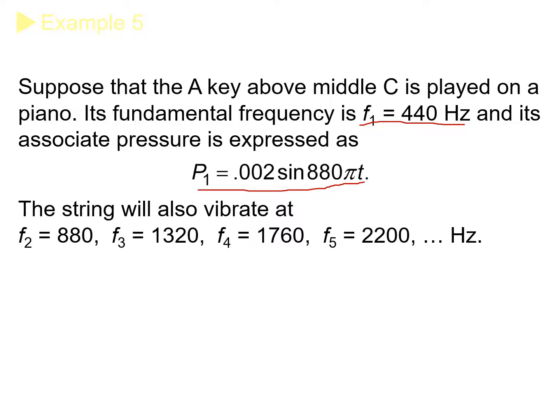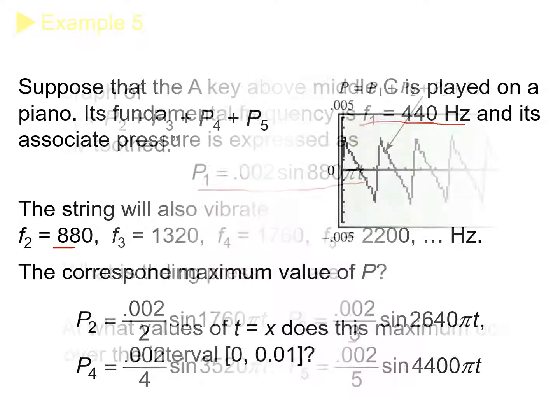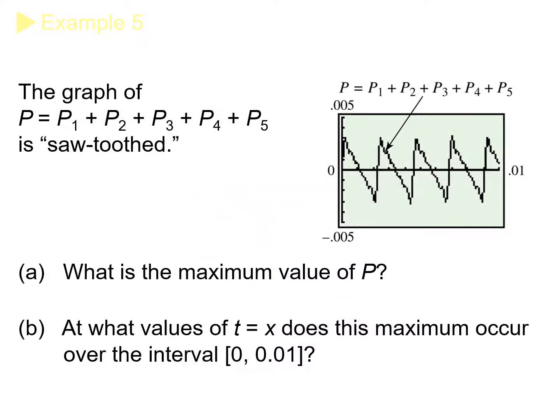The string is also going to vibrate at 880, 1320, etc. The corresponding pressures are P2 is 0.002 divided by 2 times sine of 1760 pi t. P3 is 0.002 divided by 3 sine of 2640 pi t, etc. Now, if I were to graph these, you get this very sawtooth sort of look.